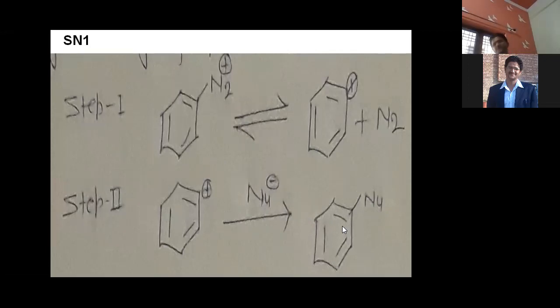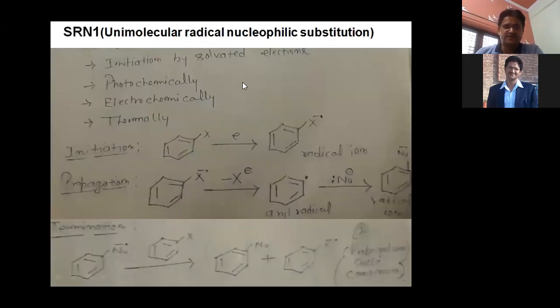The second step is very fast, a simple addition reaction: Nu minus attacks the plus charge. So sometimes people may ask you about the aromatic SN1 type reaction, and you can give this mechanism. In this rare case, benzene diazonium cation only gives this type of mechanism, where it follows a first order reaction mechanism.